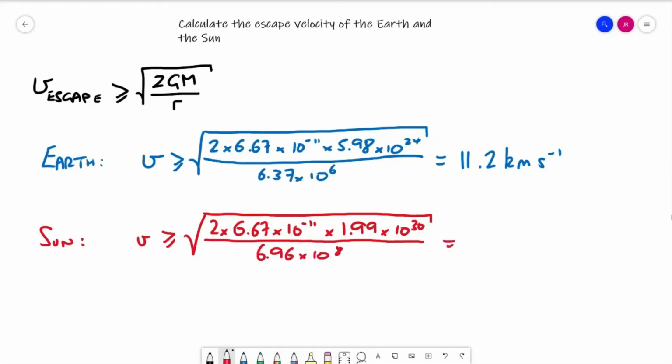And again, once we've plugged that into the calculator, done all our rounding and a little bit of converting into SI prefixes, we end up with the escape velocity of the Sun being 618 kilometres per second.